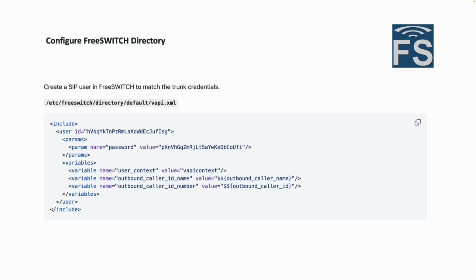If you are familiar with FreeSWITCH, which I'm sure you are, you know this is the directory where our default users 1001 to 1019 are. So it's like creating a username that VAPI will use, with its password, to authenticate itself to FreeSWITCH, and then it sends the call to the context that we specified here, which in our example is the VAPI context.